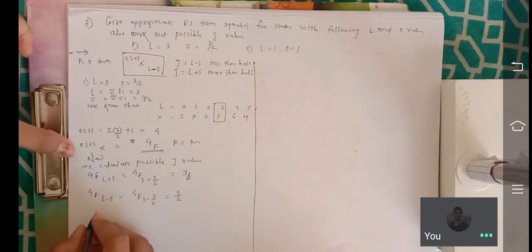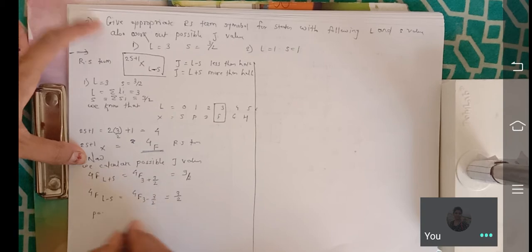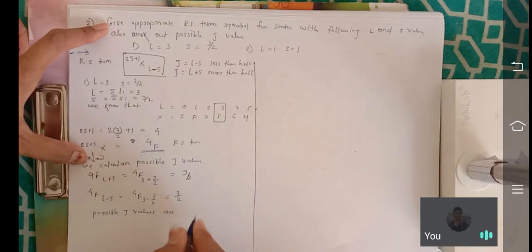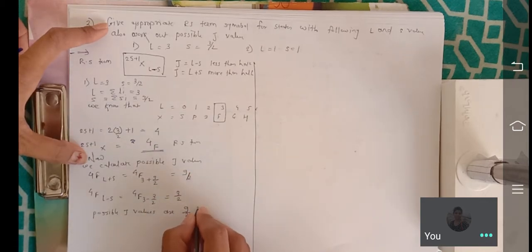Now the possible J values are, okay, you just write from this one to this one. How do you write here? 9 by 2, 7 by 2, 5 by 2, and the last is 3 by 2.